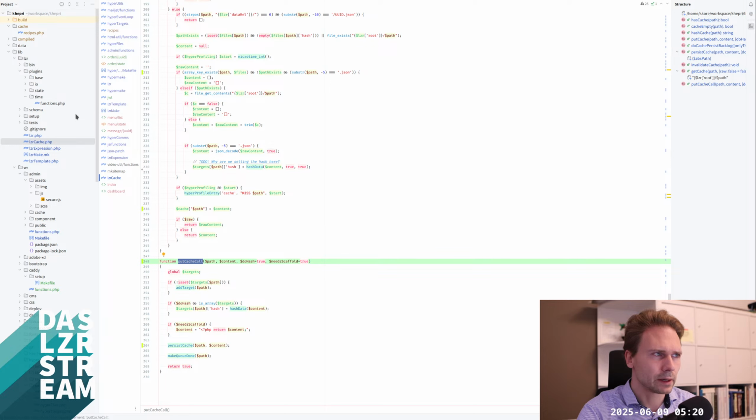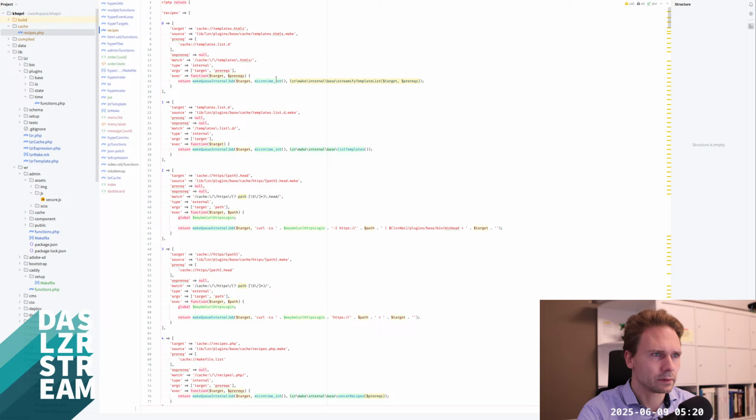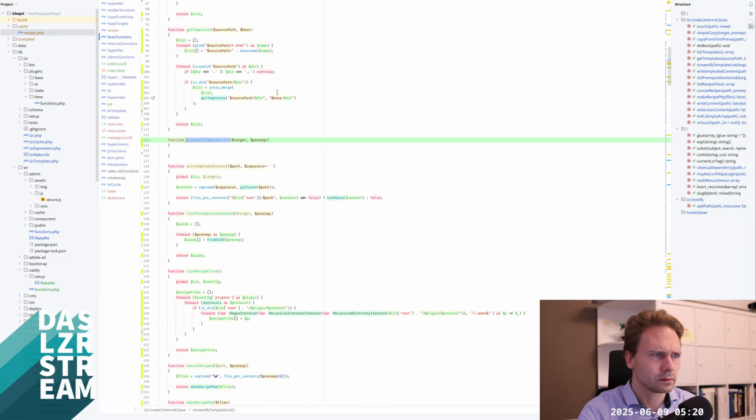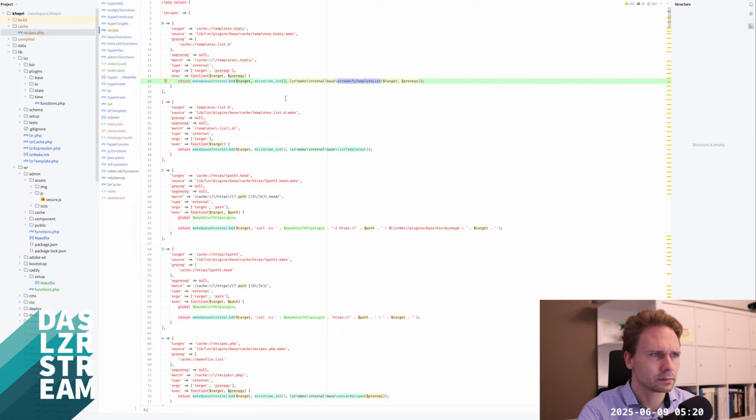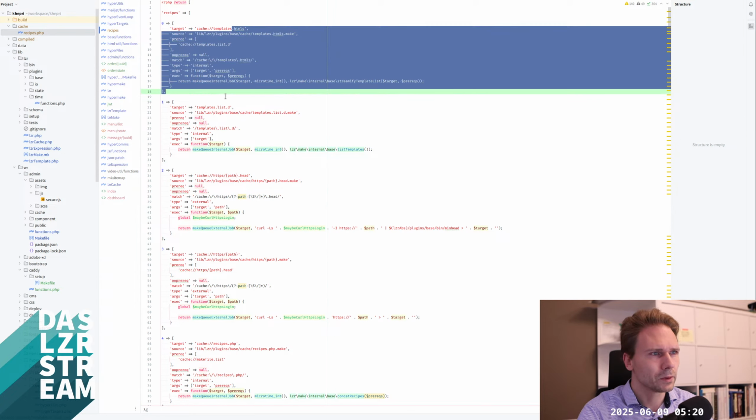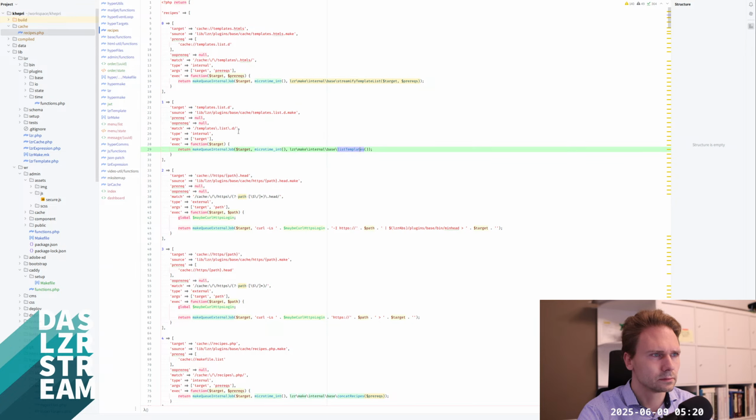You'll probably end up with just a handful, like the recipes PHP file is one of these. This is still not done. You could start on this, maybe.